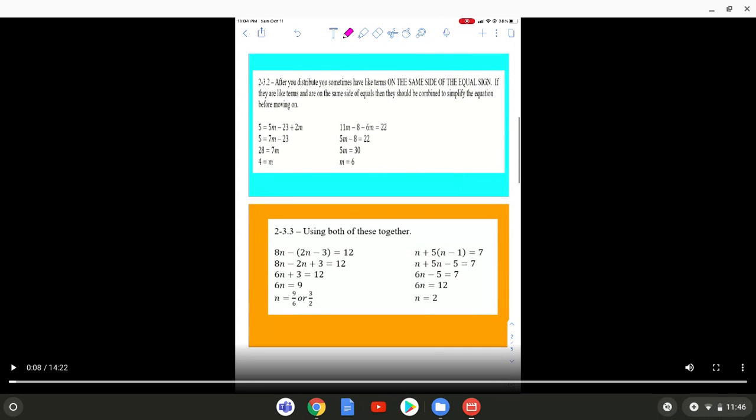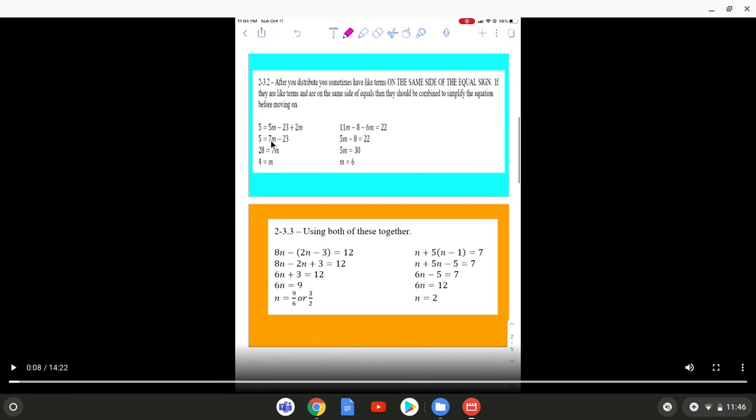So here, after you distribute, you will sometimes have like terms on the same side of the equal sign. If they are like terms and they're on the same side of the equal sign, you need to go ahead and combine those before you try to do anything else. So here I have 5 equals 5m minus 23 plus 2m. So we see that 5m and 2m are like terms.